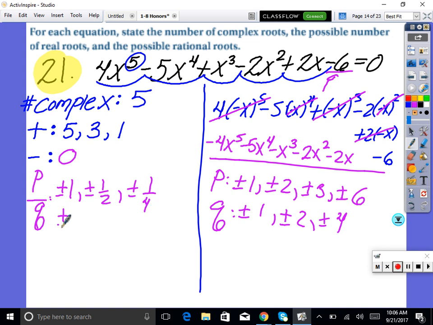So we have 2, 3, 3/2, 3/4, 6, 6/2 is 3, 6/4 is 3/2. We've got them all listed, and we've answered the question. Really not that bad. That's all you need.